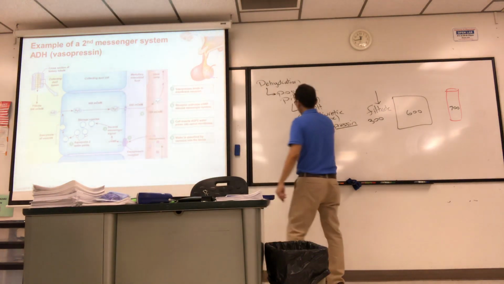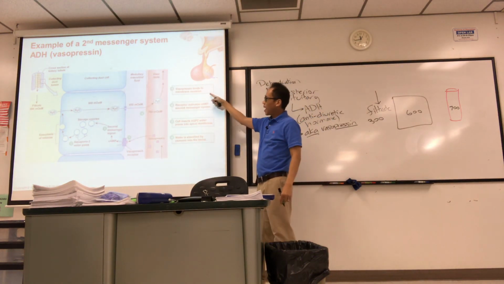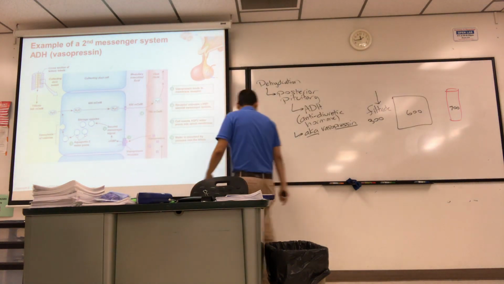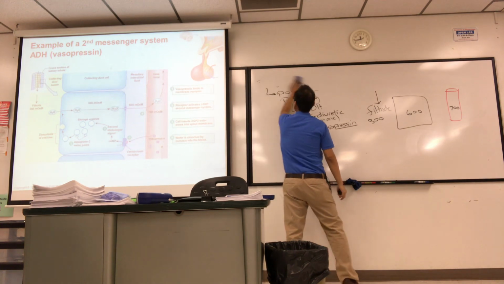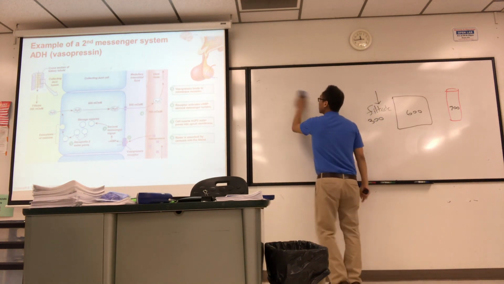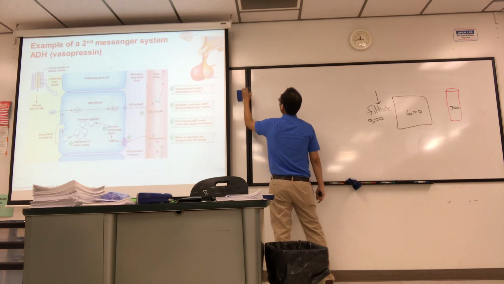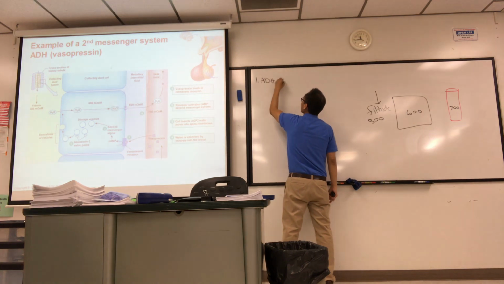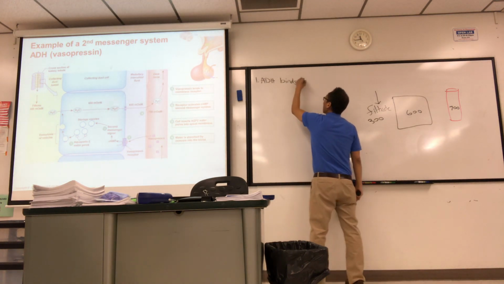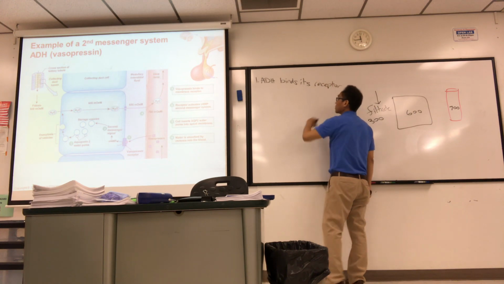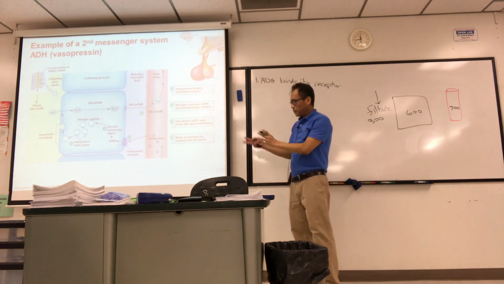So the first thing that happens is dehydration, you get ADH. ADH binds its receptor on the cell membrane here. You write that down. Now look at the picture.